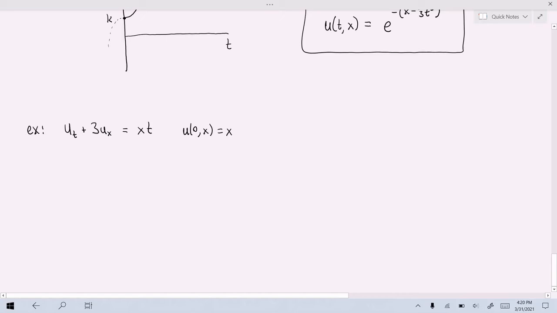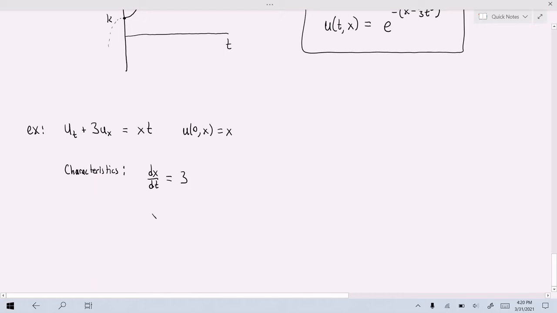So first, let's get the characteristics. Let's look at the equation dx/dt equals p, where p is a constant function 3.